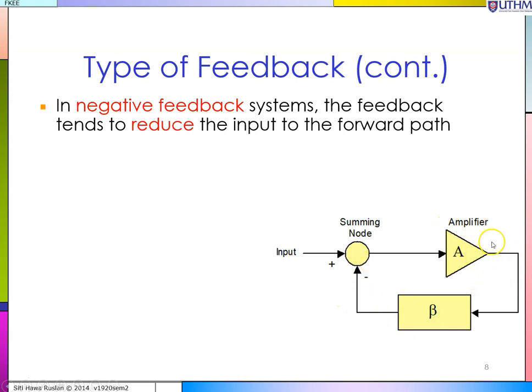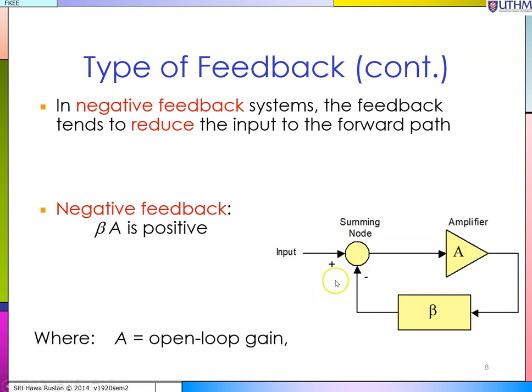So in the forward path, the input will be reduced because of the feedback signal. And the product of beta, which is the feedback network, multiplied with A, the value will be positive. The gain of the amplifier is sometimes called the open loop gain, and beta is the feedback network just now.